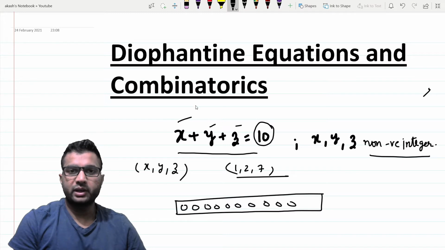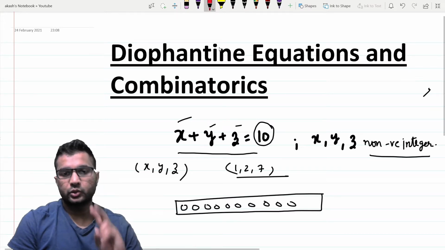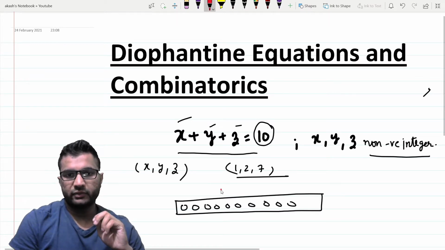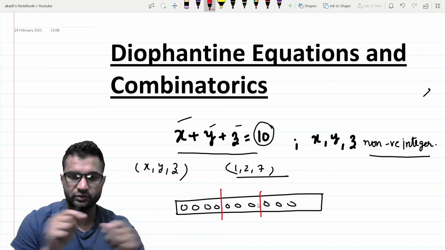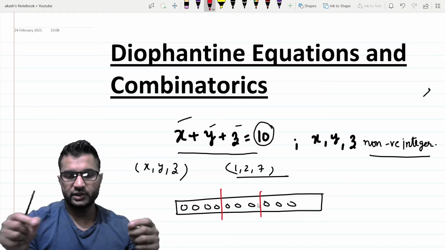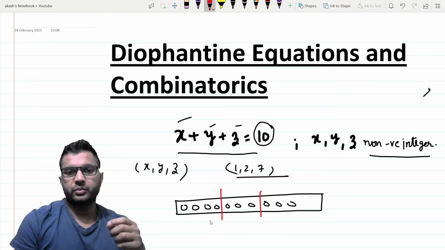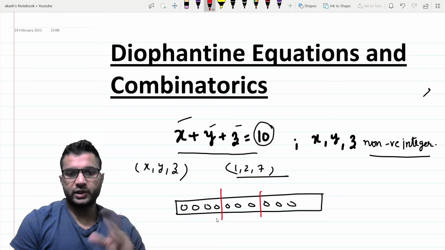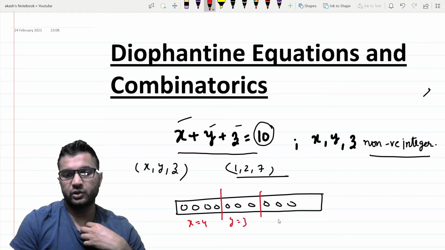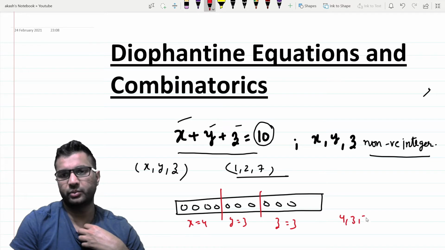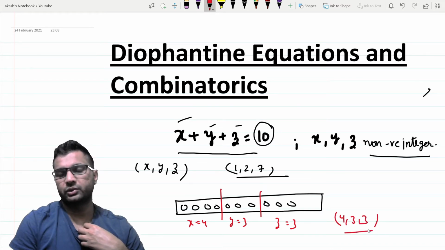To make three parts, how many cuts do I have to make? Two cuts are required, the first cut and the second cut. By doing these two cuts, we will be able to make three parts of this strip. According to these two particular cuts, we have x equal to 4, y equal to 3 and z equal to 3. So 4, 3, 3 is one of the possible solutions.